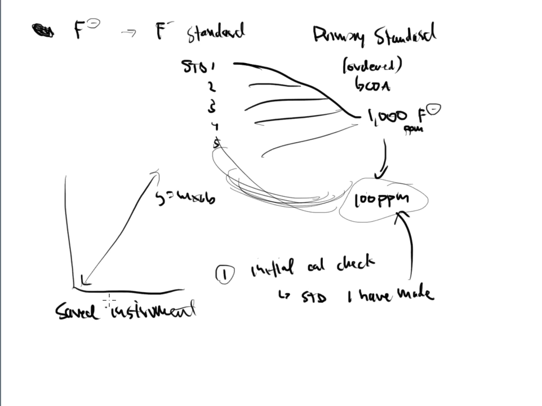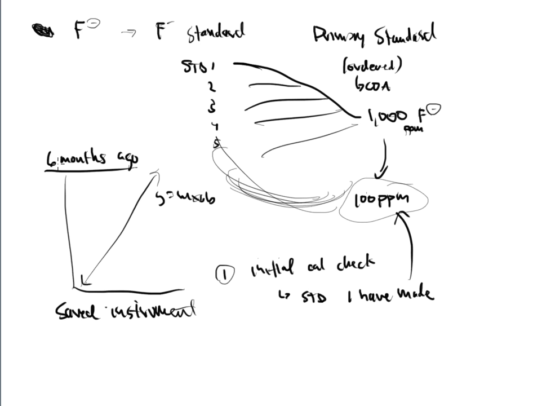And we will know if it's suitable or not by doing an initial calibration check. Meaning that maybe this calibration curve was done 6 months ago by someone on a different date, at a different time. And that cal curve is still saved in my machine.